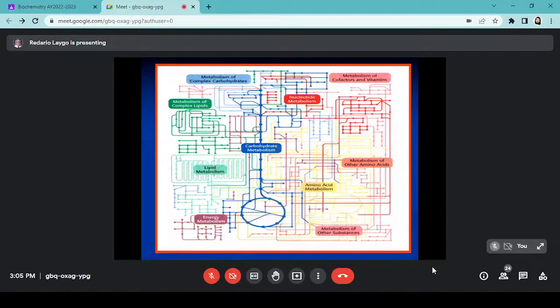But you can see all of them, especially when you look at the degradative nature of the pathways, will converge to your final common pathway, which is here, your Krebs cycle.